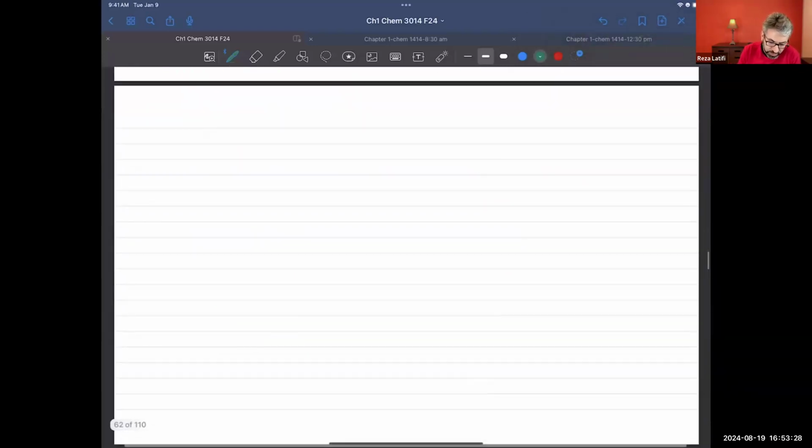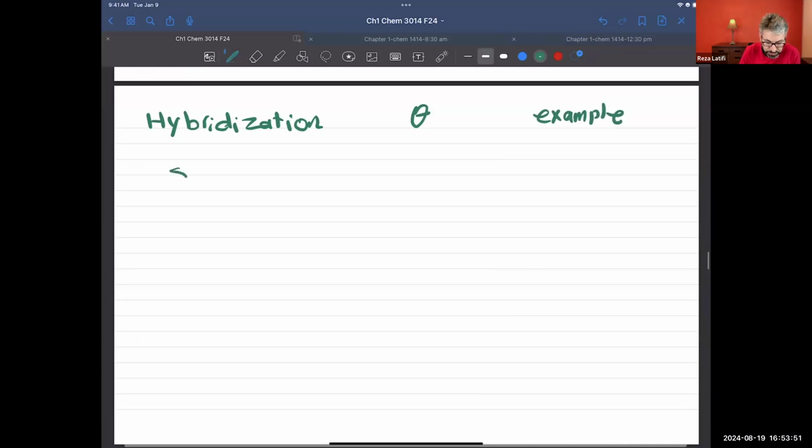I'm going to write here: hybridization, bond angle, and example. If you're dealing with sp3, this is one example, perfect tetrahedral.